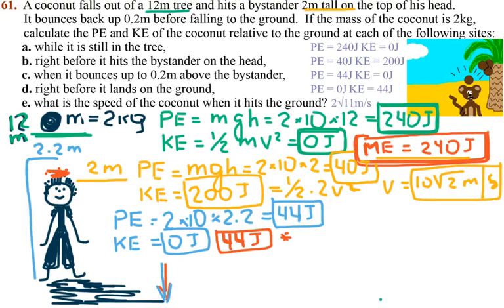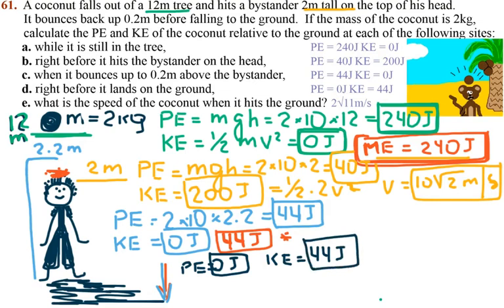So right before it lands on the ground, the potential energy at this point is going to be equal to 0 joules. And the kinetic energy must be equal to 44 joules, because now it has fallen down from this height, from 2.2 meters, and equals 1/2 the mass and v squared.